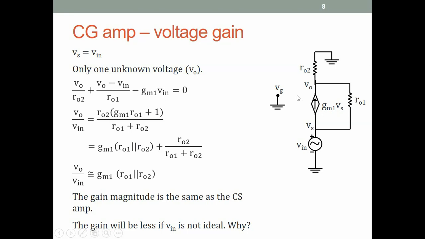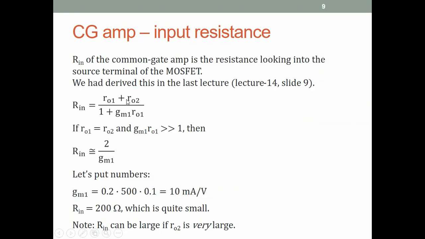So these are of the same order. But if by some means I were to make ro2 very large, then it is possible that Rin can be made large also. This is just a note, not very practically used, but it is important to recognize when we make such statements that Rin is small, that all such statements are qualified by certain conditions.